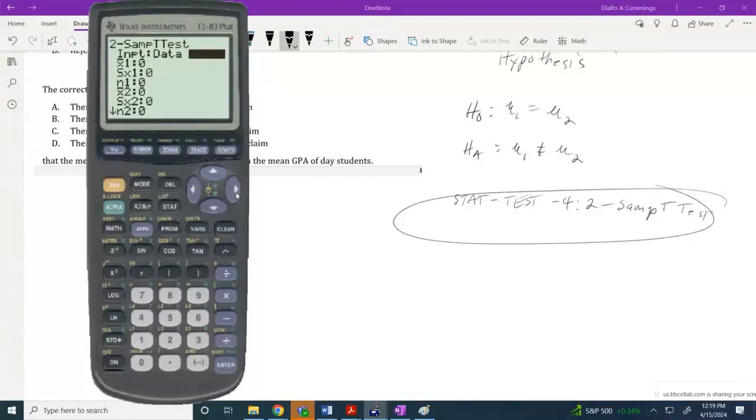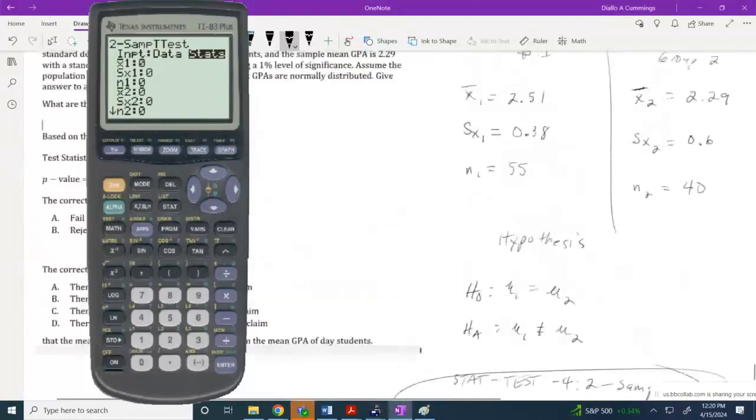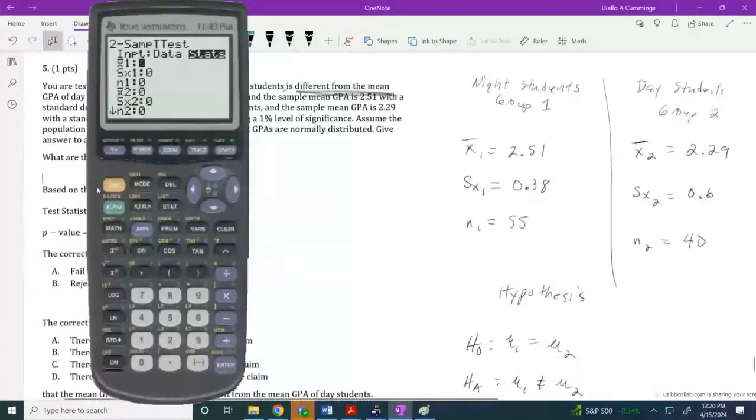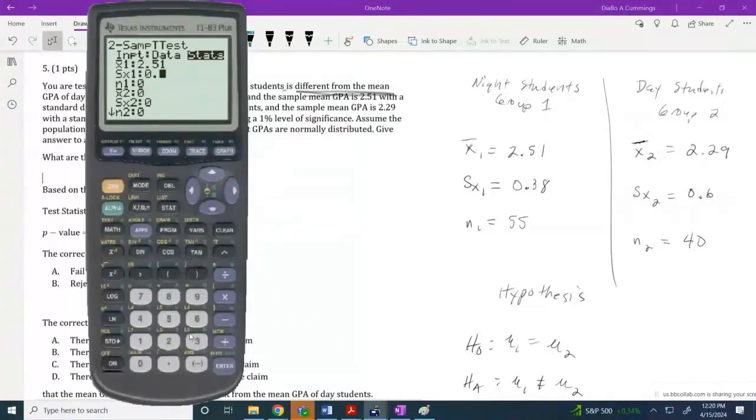So notice we have to put in all the information. X bar sub 1, the mean GPA of the night students, was 2.51. The sample standard deviation was 0.38.